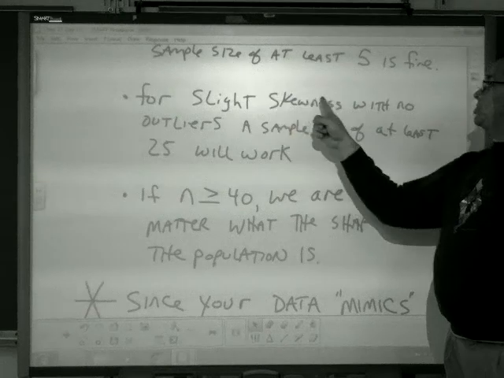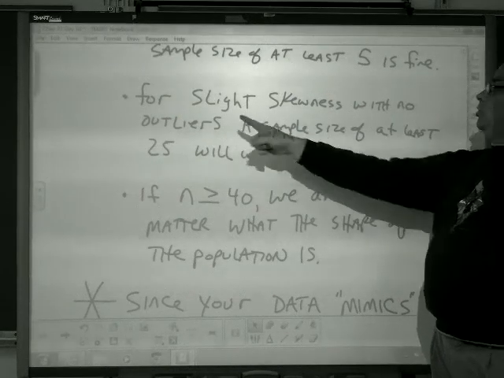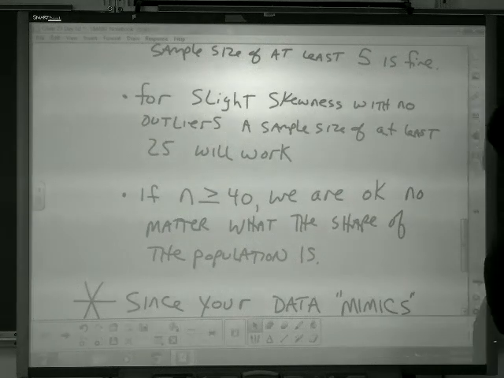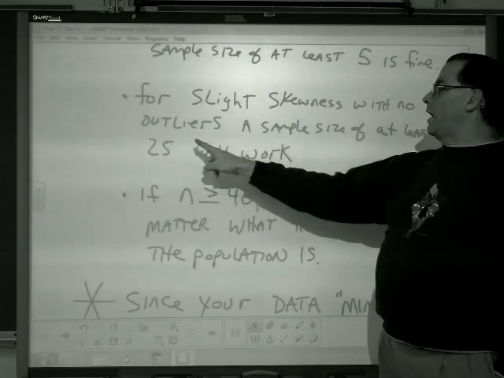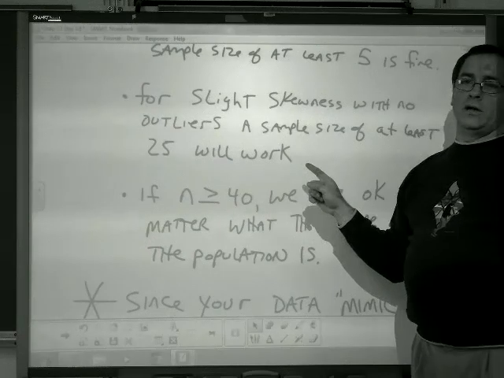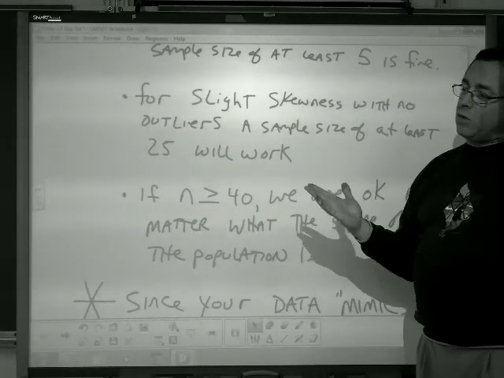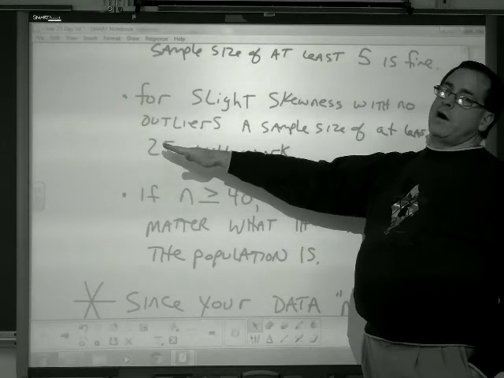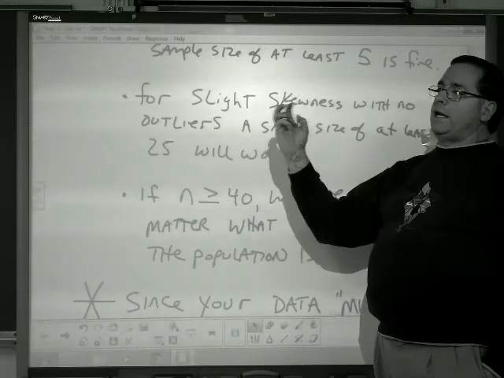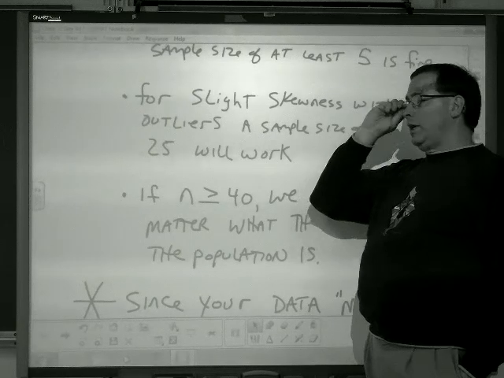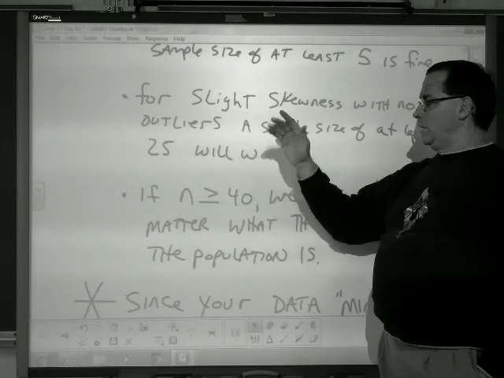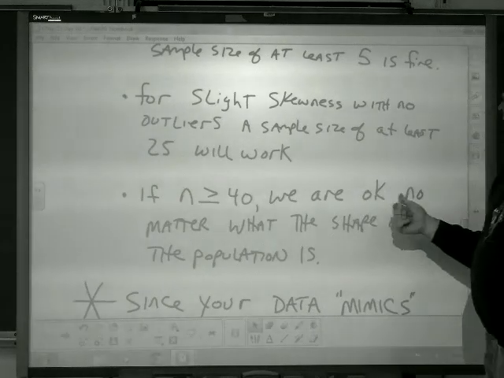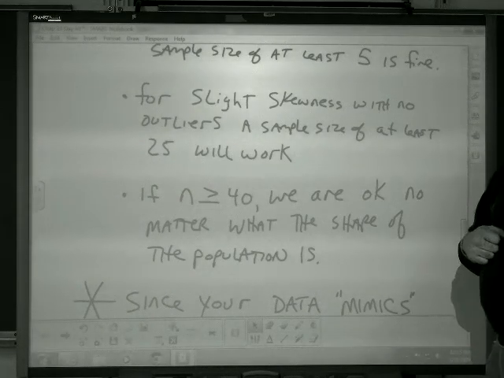If there's some slight skewness with no outliers, a sample size of at least 25 will start to work. All right, that was like our pennies. We didn't have any outliers. We had some skewness. But you're going to need at least 25 there to override any unusual features that you have in your own data. Now, if your sample size is at least 40, we're okay no matter what the shape of the population is.